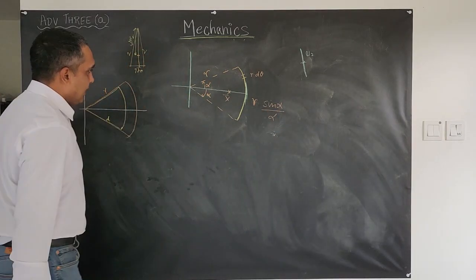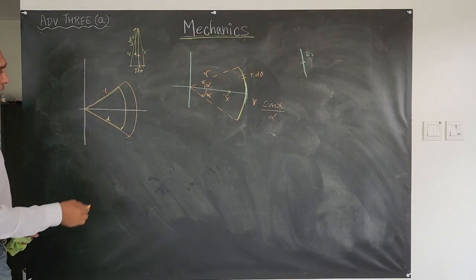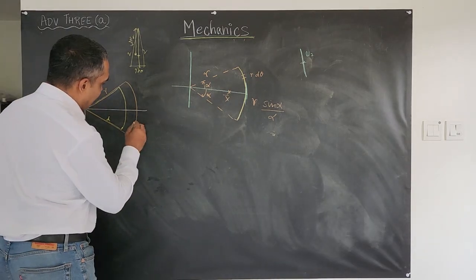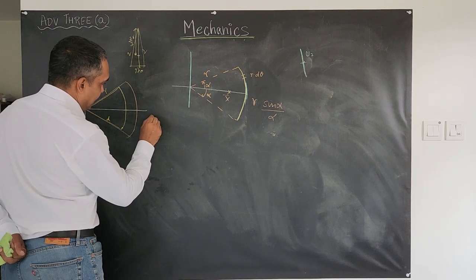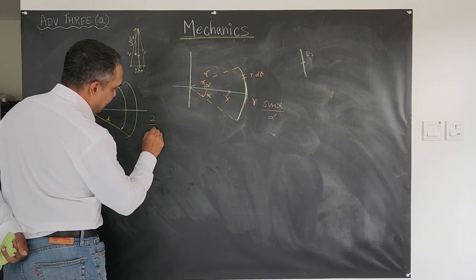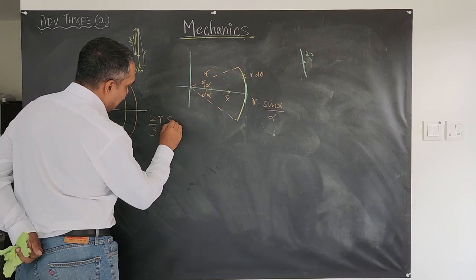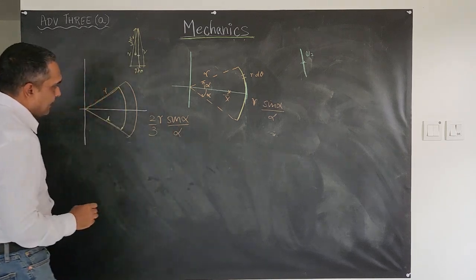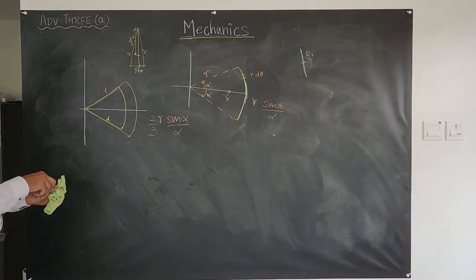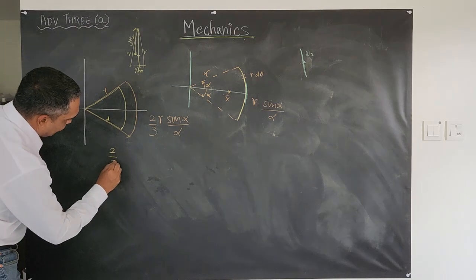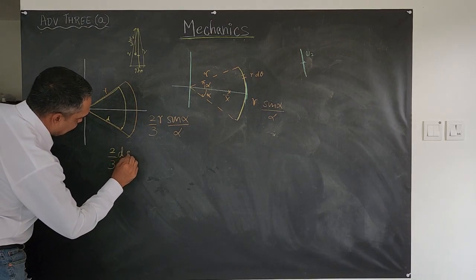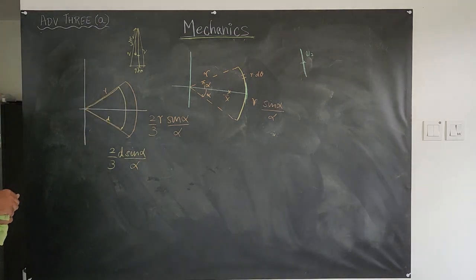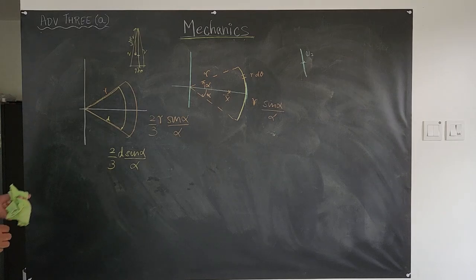But here, for a mass, and I write this in their respective colors, the big one has 2/3 r sine alpha by alpha, and the yellow has 2/3 d sine alpha by alpha.